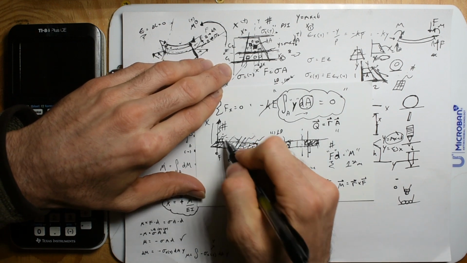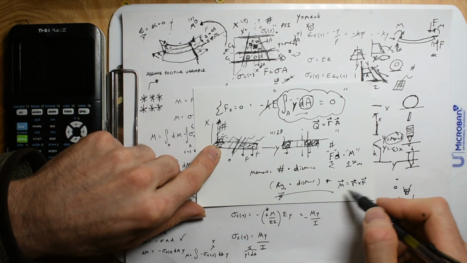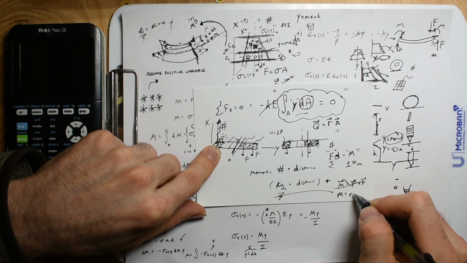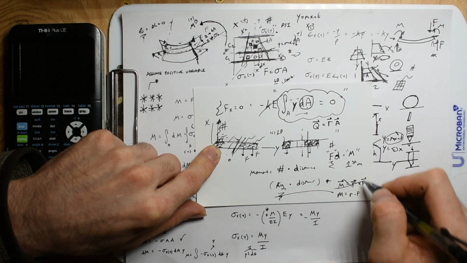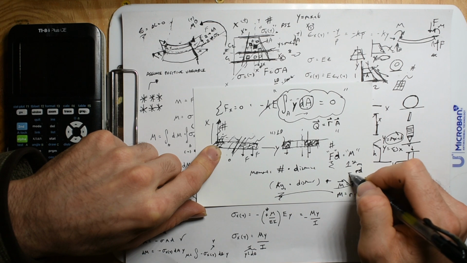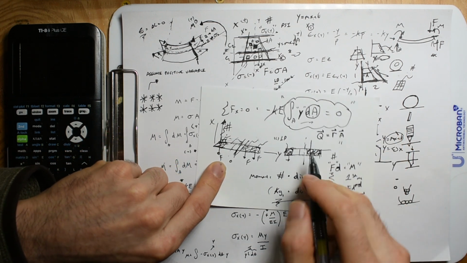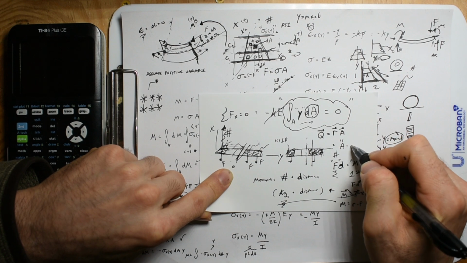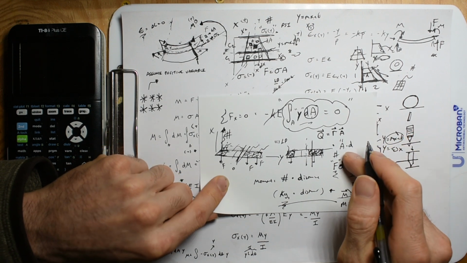And so with perpendicular distances, you really don't need to do the vector thing. It's just going to be multiplication. Moment is just distance r times F, or rd, or I mean Fd, however you're going to do that. So first moment is just area times distance. So we have a little area, and we have a distance to that area.